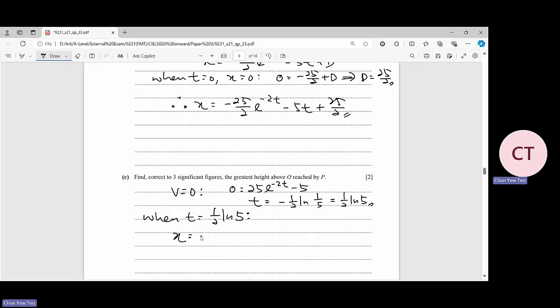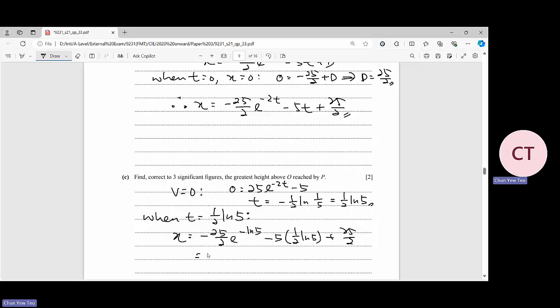Your x will be negative 25 over 2 e^(-2t). Negative 2t will be negative ln 5. Then minus 5 times half ln 5, plus 25 over 2.